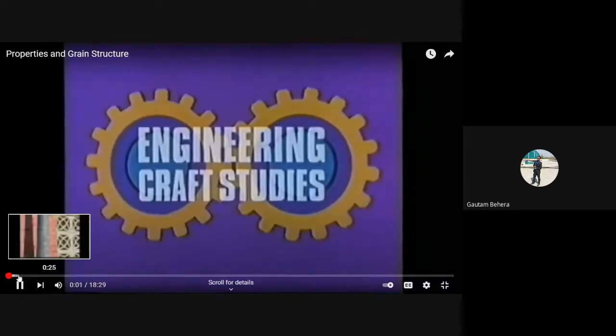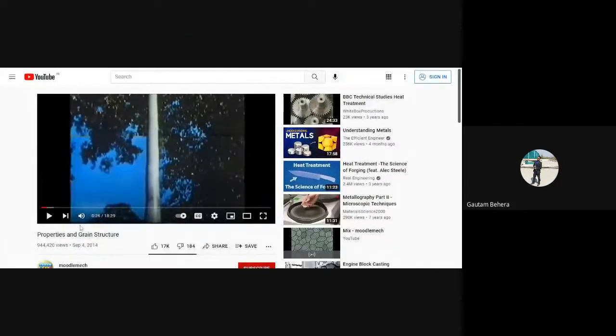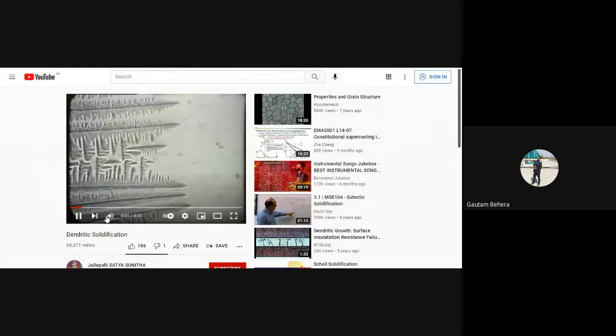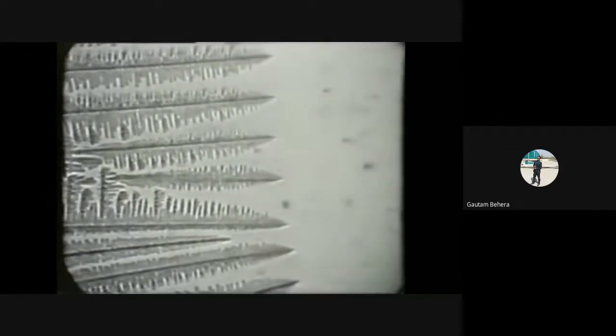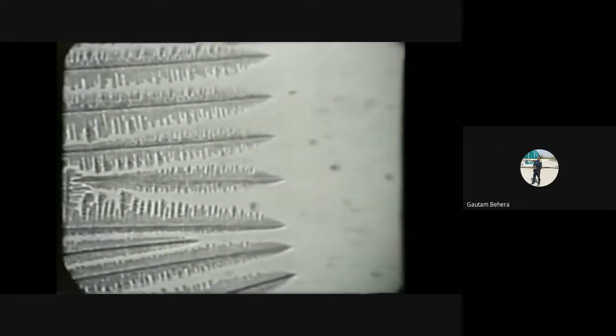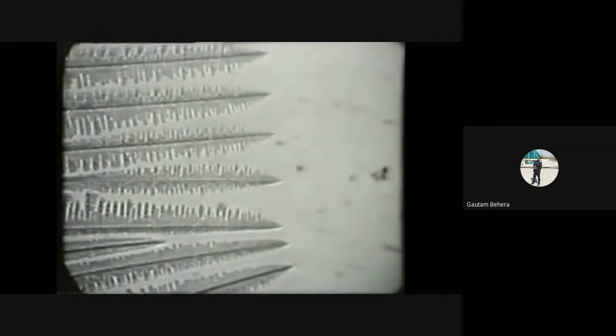Just again have a look. Again have a look. Now, are you able to see the primary dendrites, secondary dendrites, tertiary dendrites? Is it visible to you people?